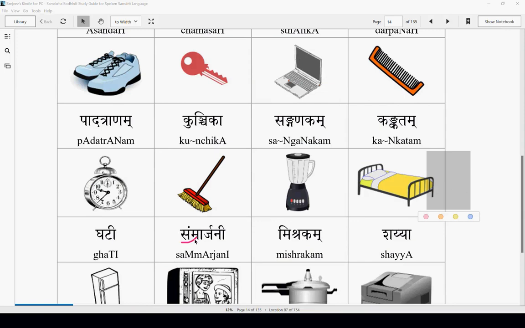But note that here we are writing Anuswara because we are pronouncing Anuswara. Samarjani. Here also there is Kankatam, right?